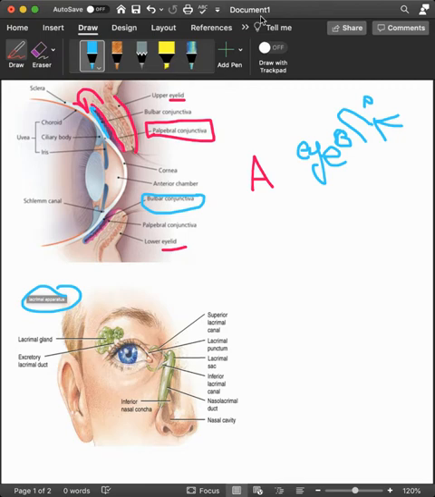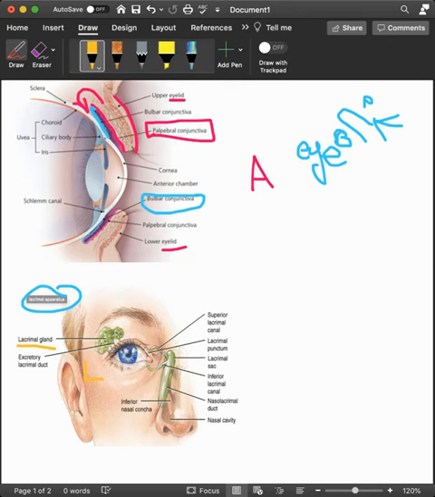But I think the most important one that we should touch on is the lacrimal gland, all right? So the lacrimal gland is on the lateral side of your body, on both sides, okay? Both lateral sides. It actually will produce the tears and the mucus, and it will release it.